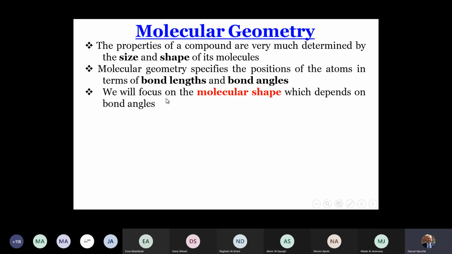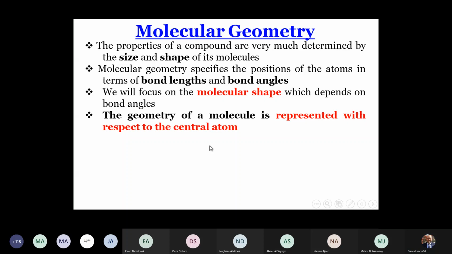So we'll focus on the molecular shape, which depends on the bond angles, and as a reference, the geometry of any molecule by convention is represented according to the central atom. Suppose I have 5 students in a classroom. I can ask, what is the shape of this classroom?